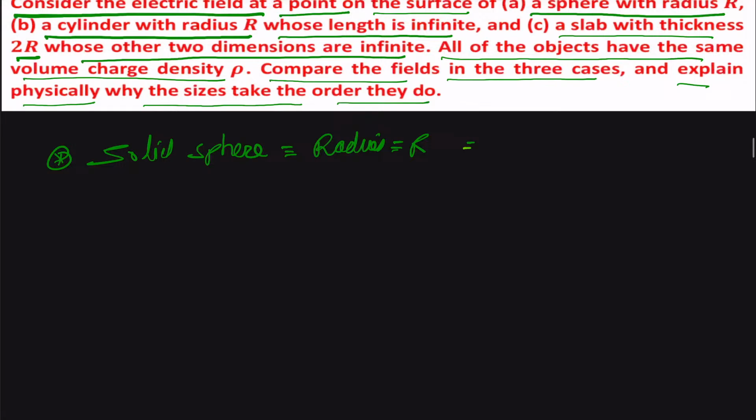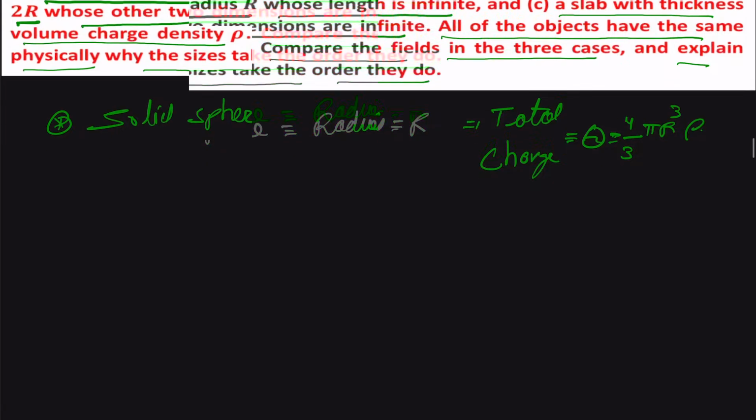So based on this, we can write that the total charge, which is our q, will be equal to 4/3 pi r cube multiplied by the charge density.